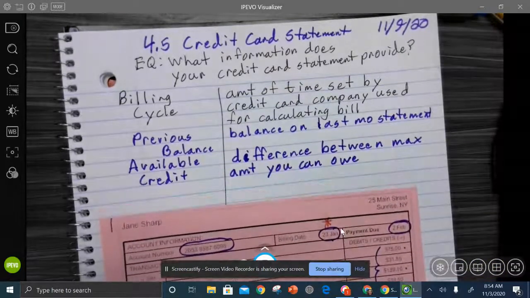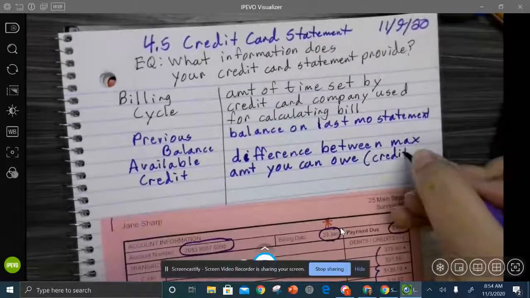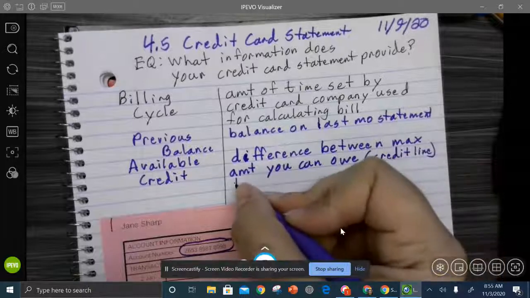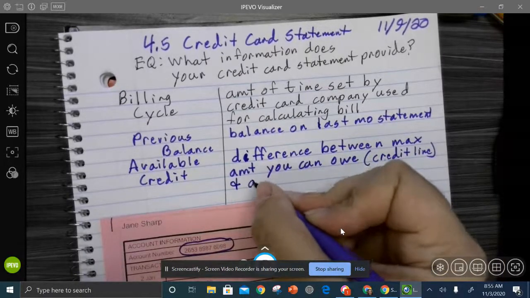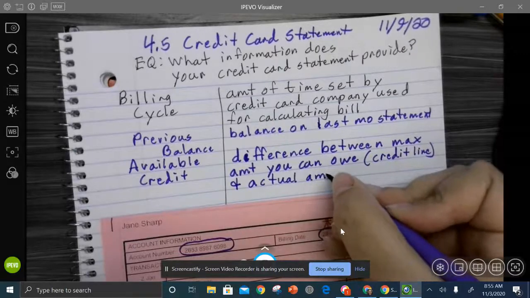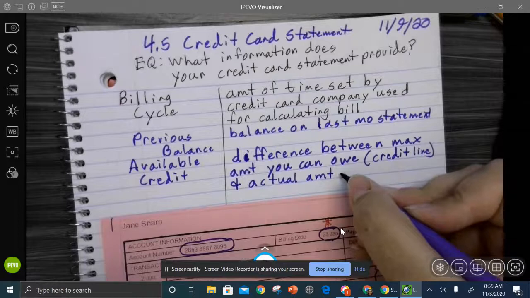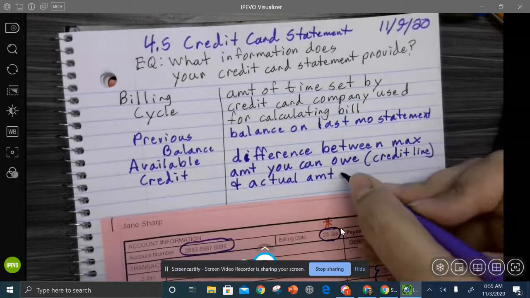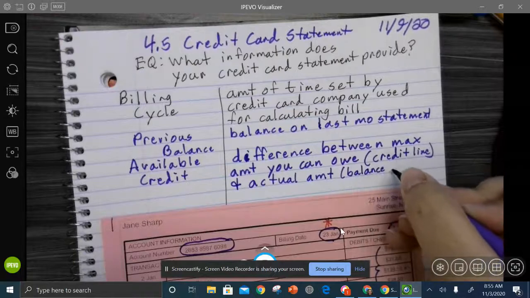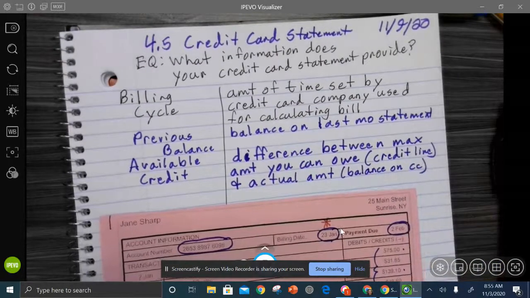Okay, everybody, so that's your credit line. And the actual amount or balance on your credit card. Okay, so the amount that you have on your credit card.